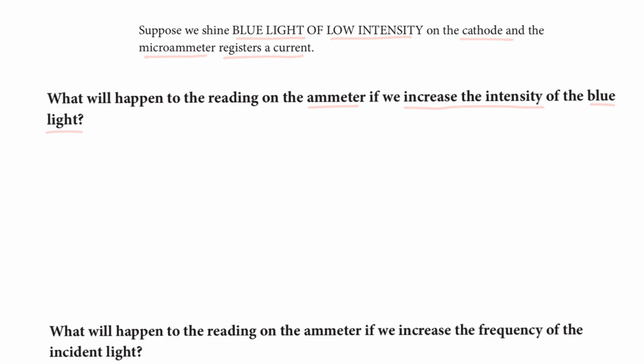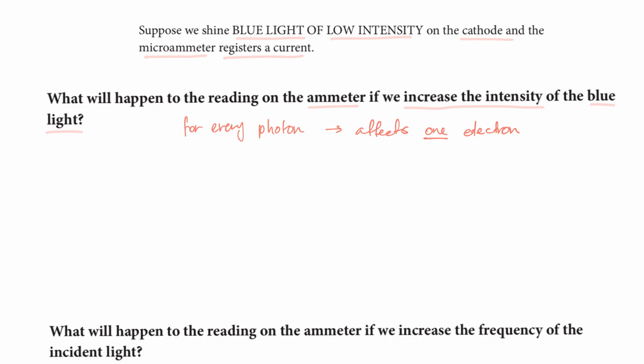We need to answer that kind of question. So the first thing you need to understand is that with the photoelectric effect, every photon only affects one electron. So that's the first thing that you have to understand.